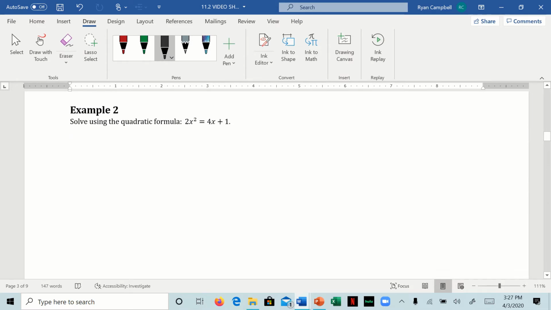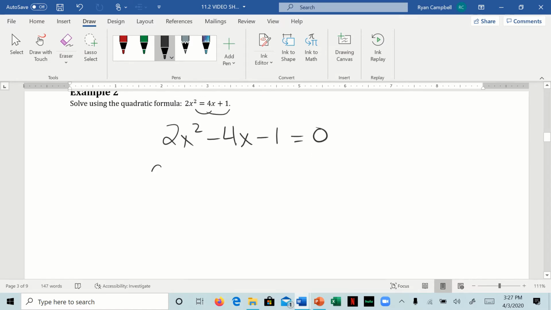All right, number 2. Step 1, get everything to one side. So 2x squared minus 4x minus 1 equals 0. Step 2, quadratic formula. a is 2, b is negative 4, c is negative 1.